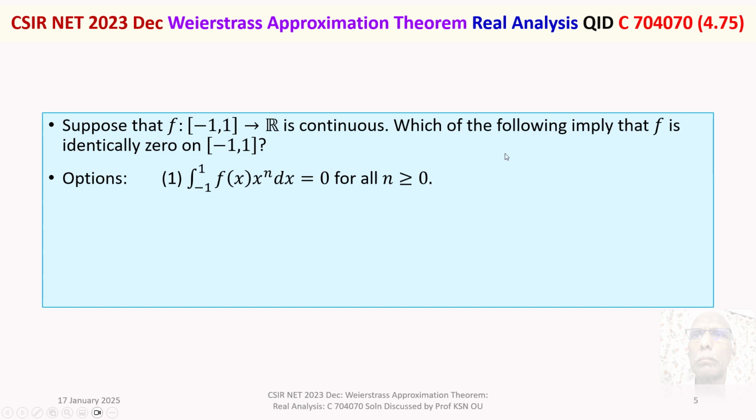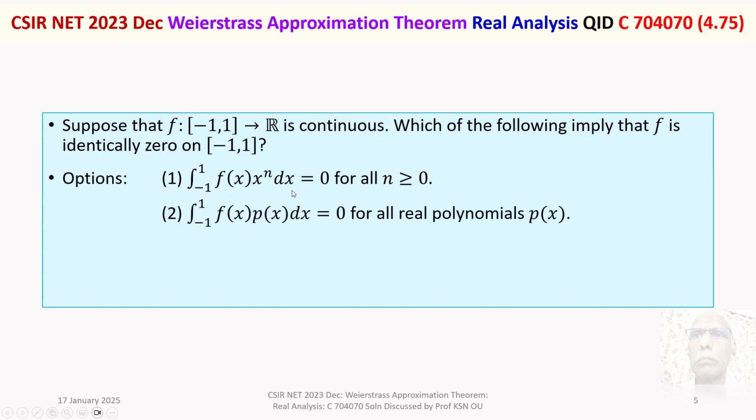Also option 2, integral -1 to +1 f of x into p of x dx is equal to 0 for all real polynomials p of x. Will it imply that f is identically 0 on the closed interval -1 to +1?